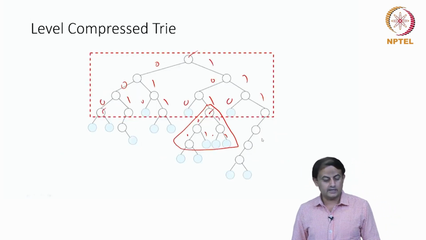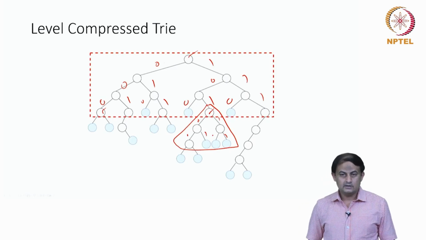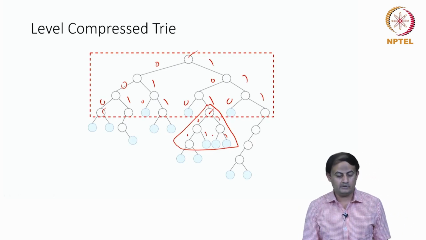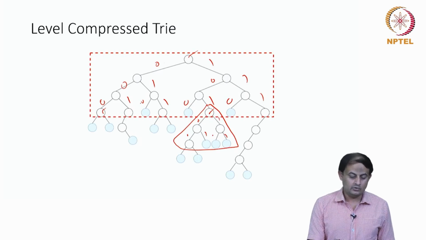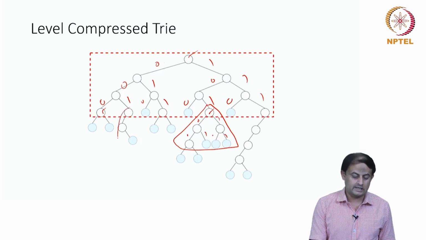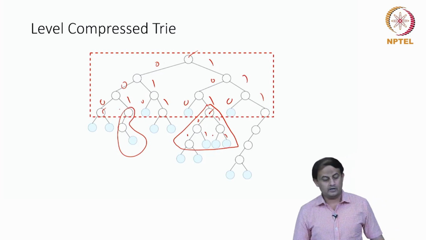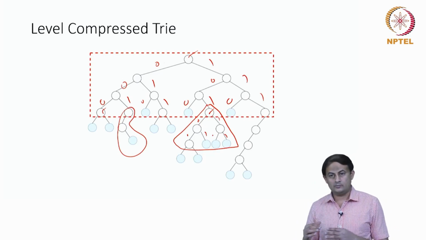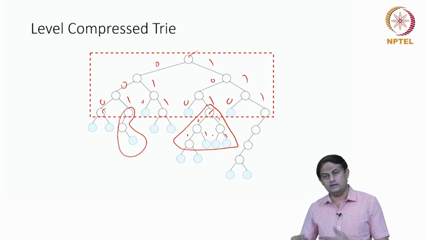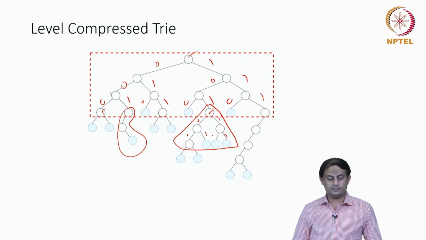In addition to that, I will bring in the concept of the path compressed trie. Wherever there is a node which has a single path from that particular node, I am going to collapse all that and still remember the skip length and the skip value.